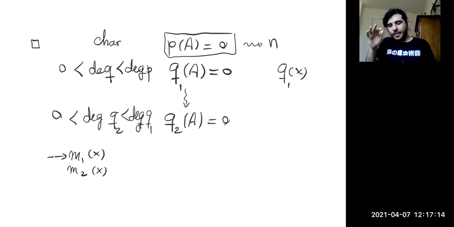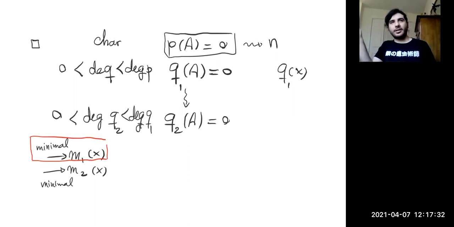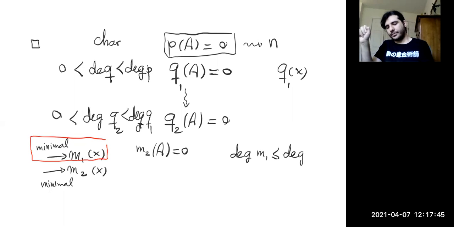Remember, by the definition of minimal polynomial, because m1 is minimal, for any other polynomial for which m2(A) is 0, we know the degree of m1 should be less than or equal to the degree of m2.